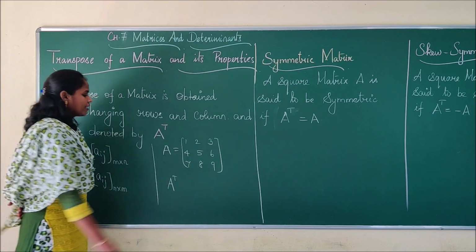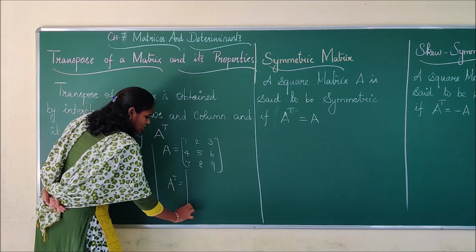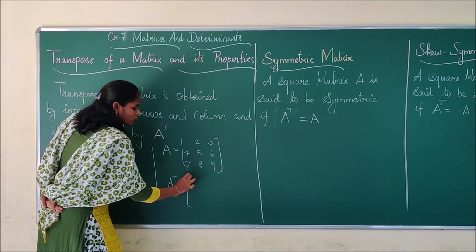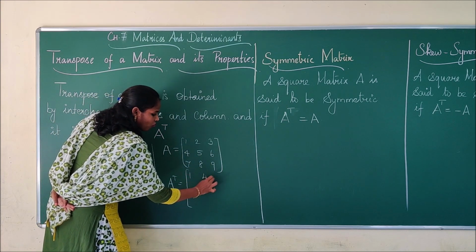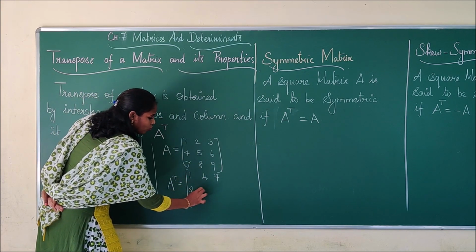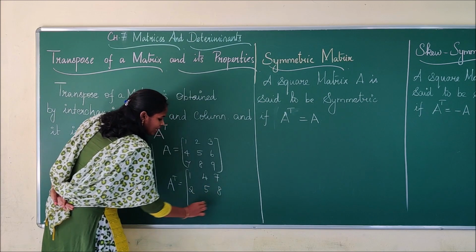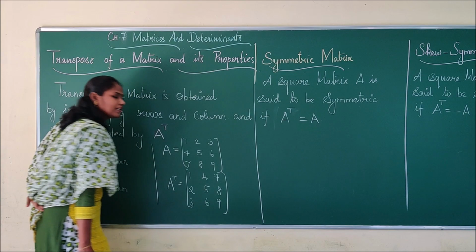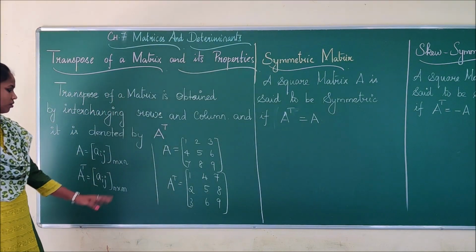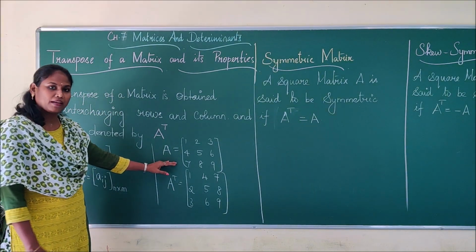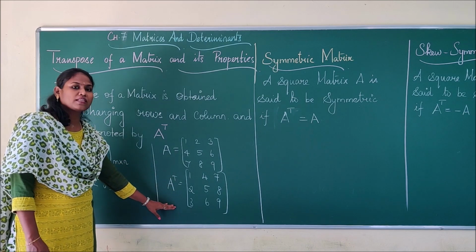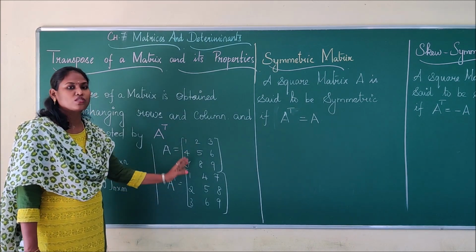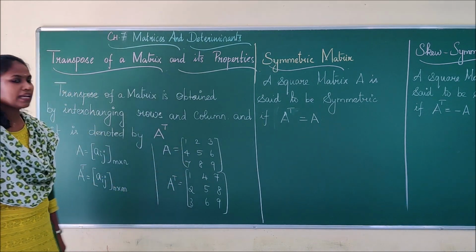A transpose is just interchanging columns into rows. So I will be getting 1, 4, 7, 2, 5, 8, and 3, 6, 9. So this is nothing but the transpose of a matrix. This is my A matrix, and A transpose is nothing but interchanging rows into columns.